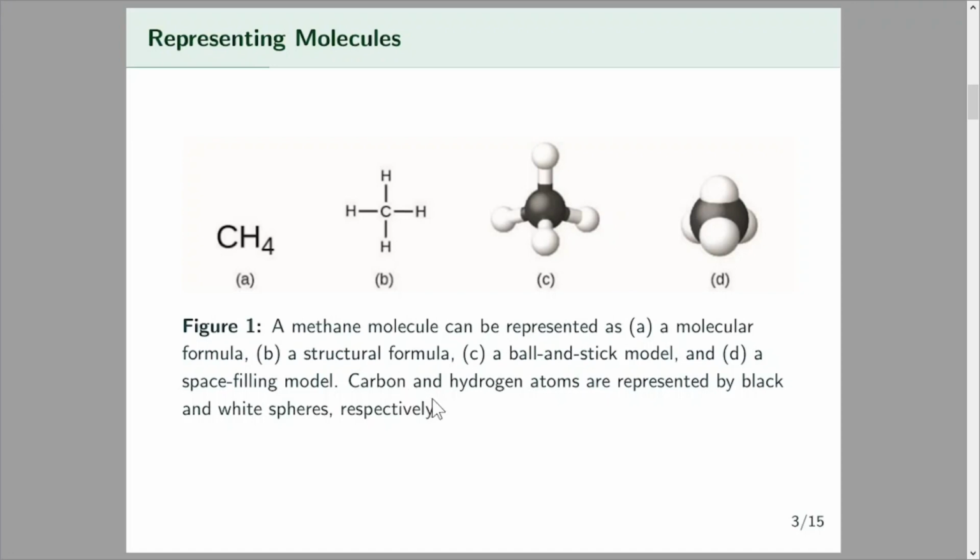In this case, the carbon and hydrogen atoms are represented by black and white spheres, respectively. So a molecular formula is just the letters, the abbreviations and the numbers. This gives you a little more information. This gives you more information still, and finally this one gives you even more information. You could go on from there.